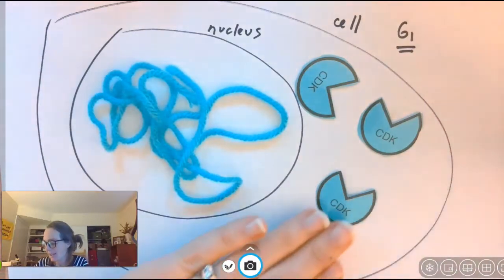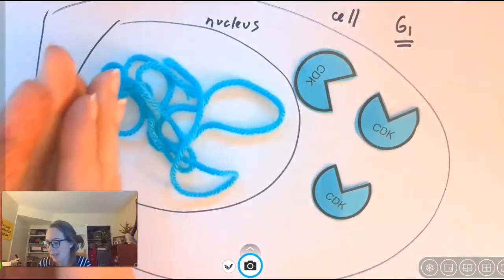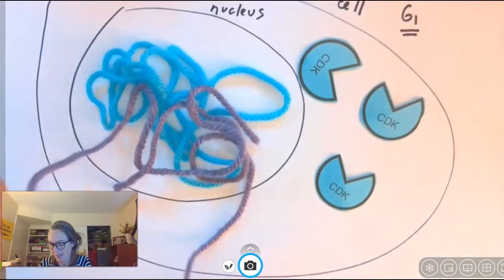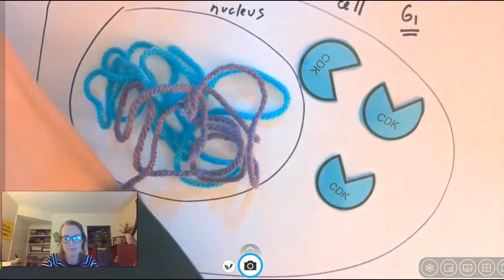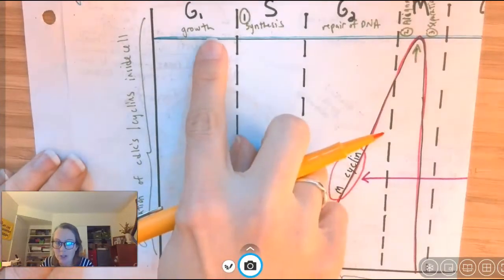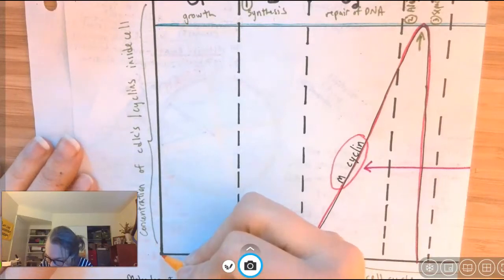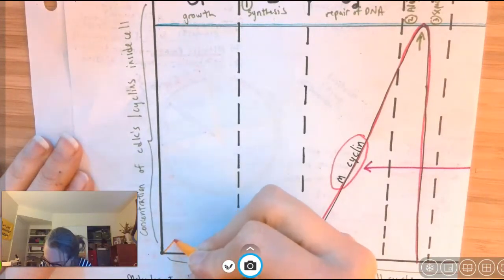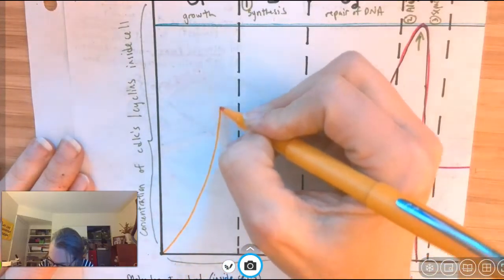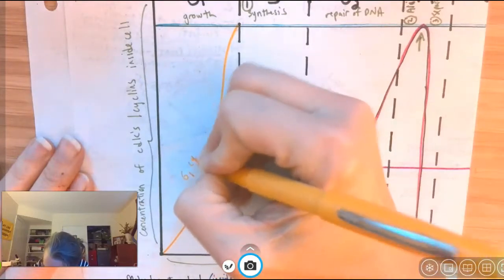Having these CDK cyclin complexes phosphorylate the DNA is going to push the cell into the next phase, from G1 into S, when the DNA is replicated. If we look at our big sheet, during G1, if the cell is growing appropriately, that means the G1 cyclin is going to be made.